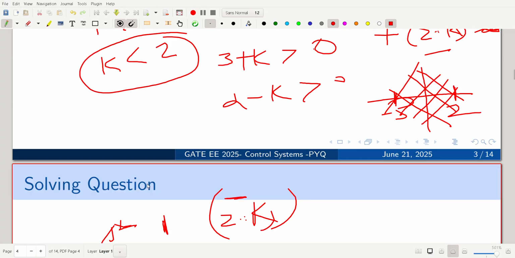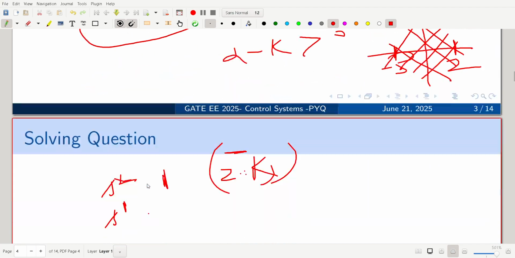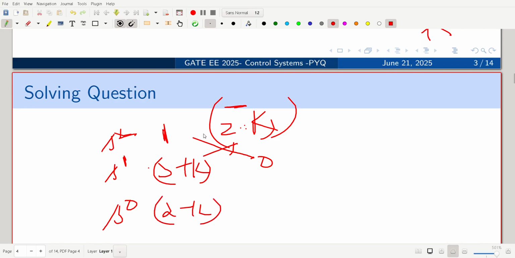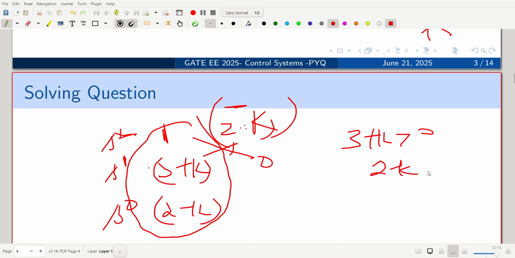So s power 1 is here 3 plus k. Okay, so this 0 is not correct, then multiply this, this multiplied goes to 0, divided by 3 plus k, again you will get 2 minus k. So we want our system to be stable, right? So 1 is already known to be positive, but 3 plus k should be greater than 0, and 2 minus k should be greater than 0.